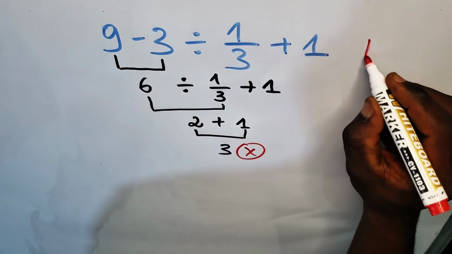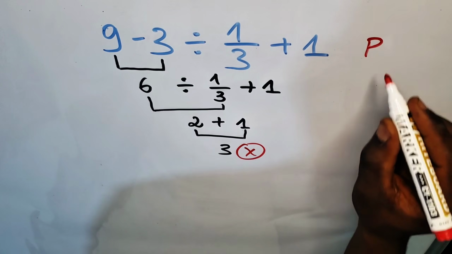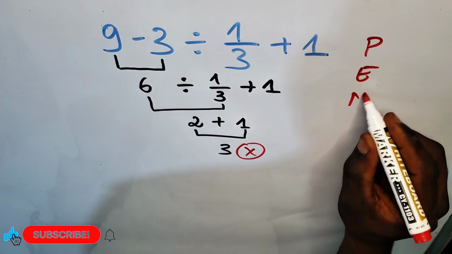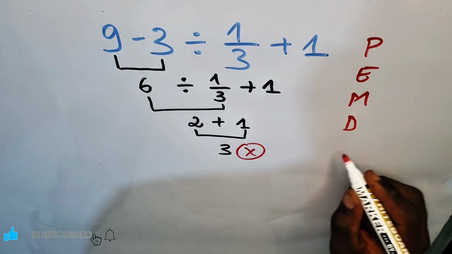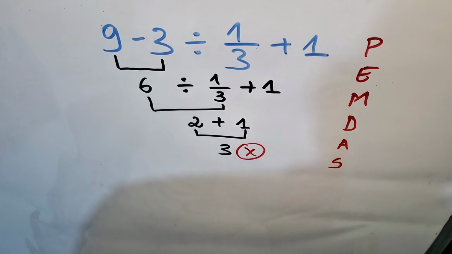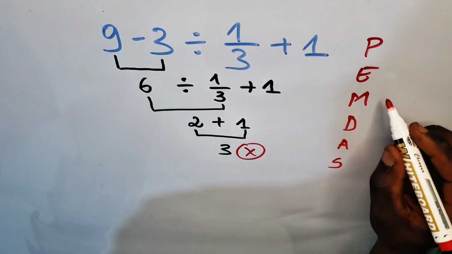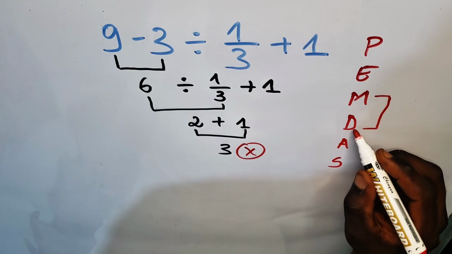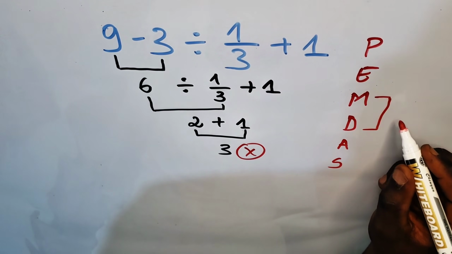We have to follow the order of operations: PEMDAS, parentheses, exponent, multiplication, division, addition, and subtraction. So here you need to know that multiplication and division are of the same rank.